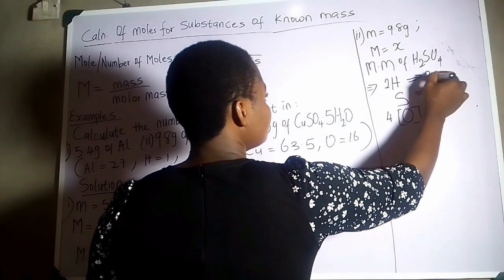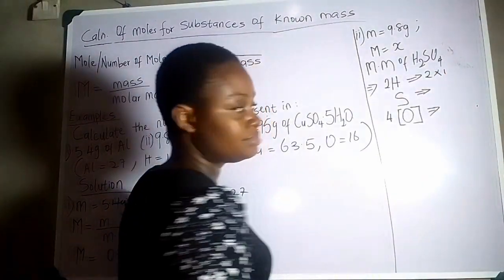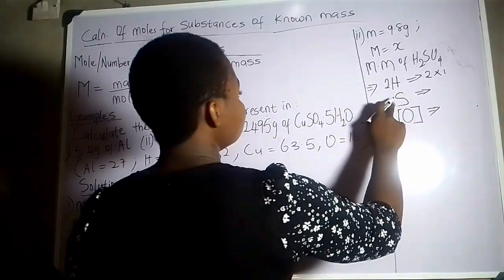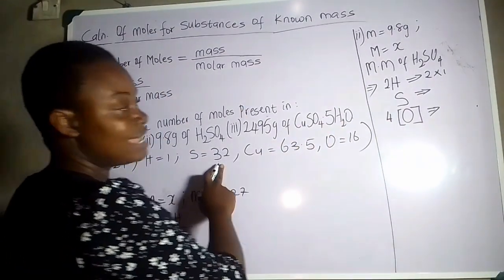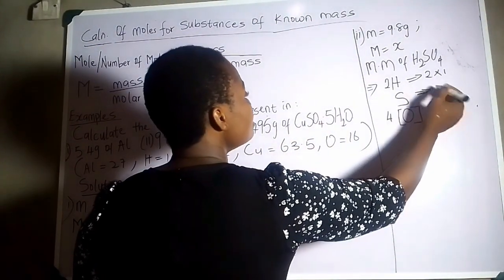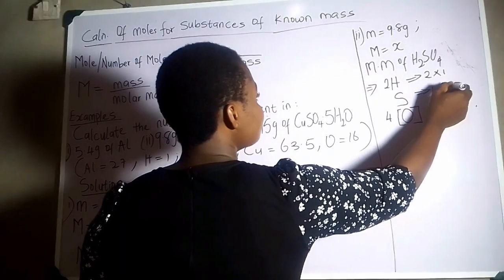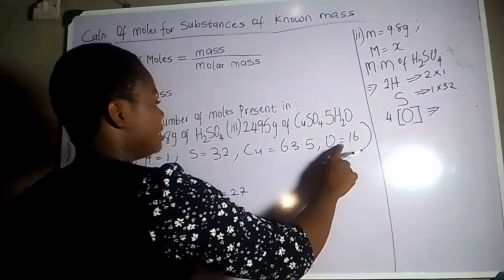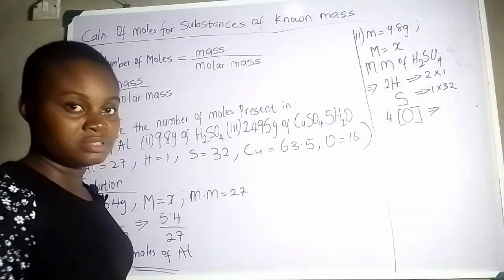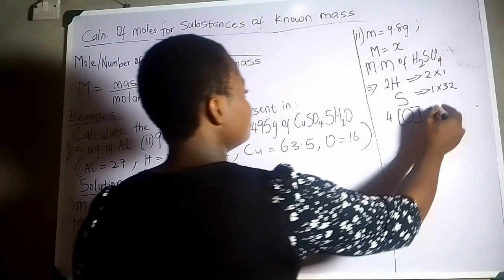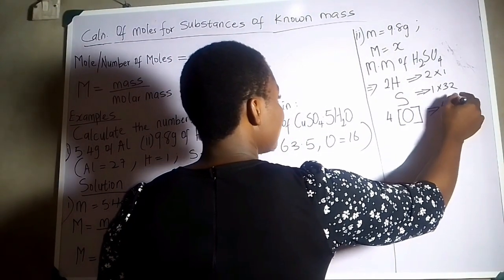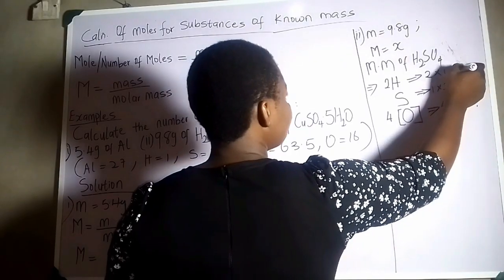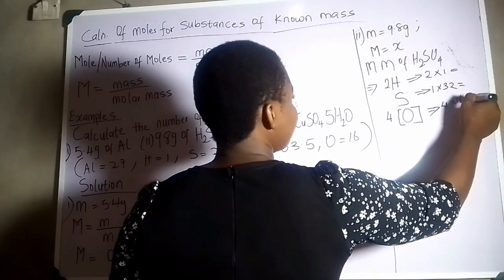So we'll simply say 2 times 1. Very good. Now sulfur is equal to 32, and it's only 1. 1 times 32. Oxygen is 4 in number here, and the atomic mass of oxygen is 16. Now we say 4 times 16. You go ahead and multiply everything.